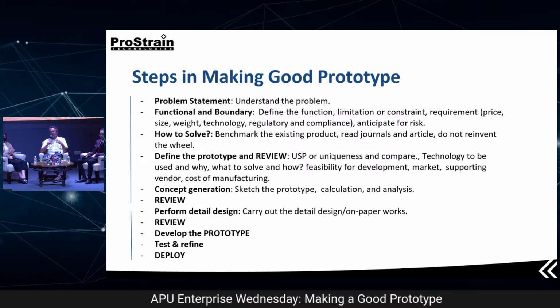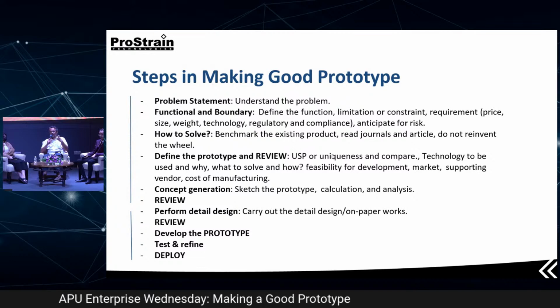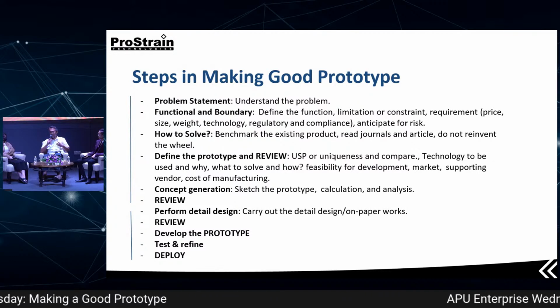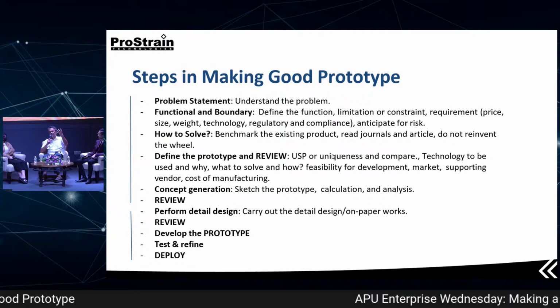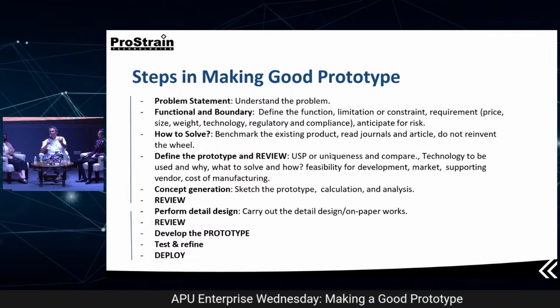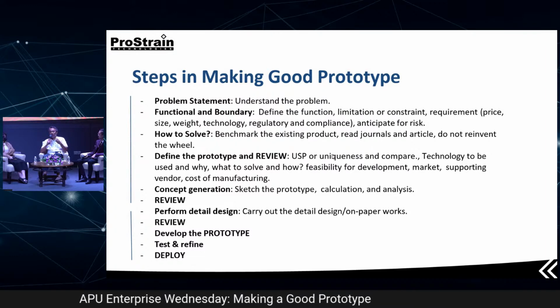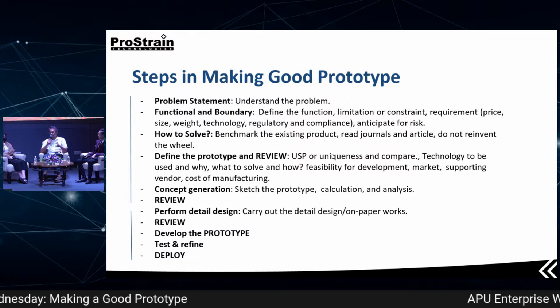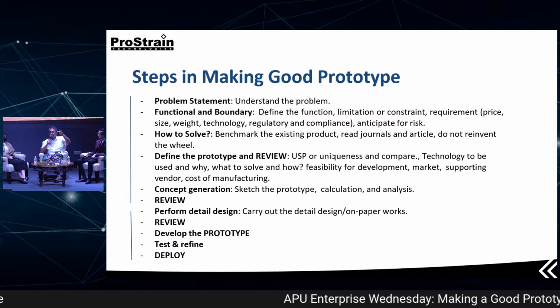I have to define the function of the robot. If I want to deploy my robot in, let's say, a factory, what is the functional objective? What is the purpose of the robot? Sometimes you get mixed up between the problem statement and the function.